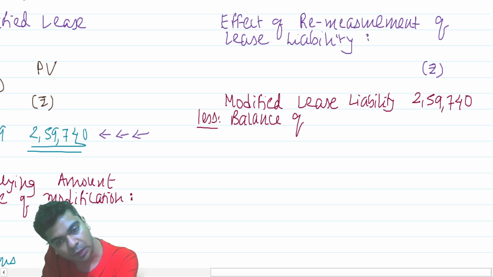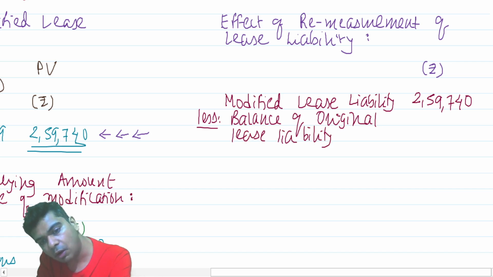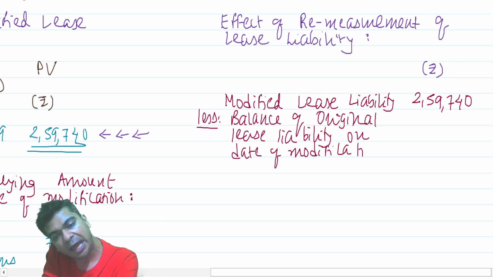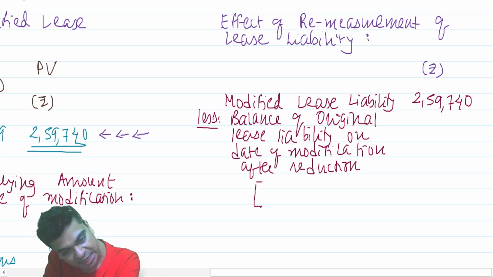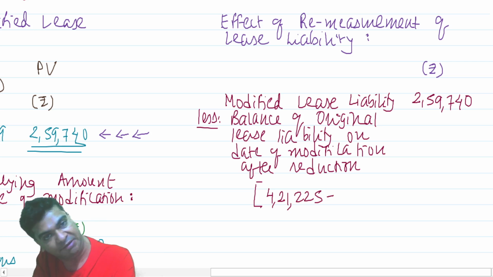So I will say less balance of original lease liability on date of modification, after reduction. Understand that your original lease liability was 4,21,225, but you have already reduced it by 50%.